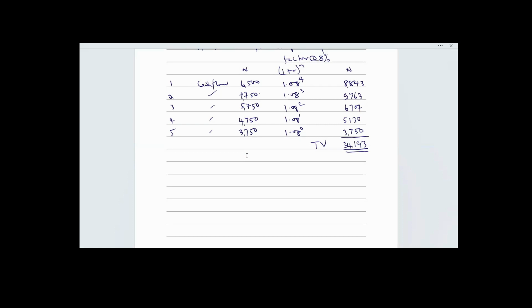Then the third step is to calculate modified internal rate of return using the right formula. So the second stage now is to calculate the present value of cash outflow. I would then say step 2, calculating present value of cash outflow.